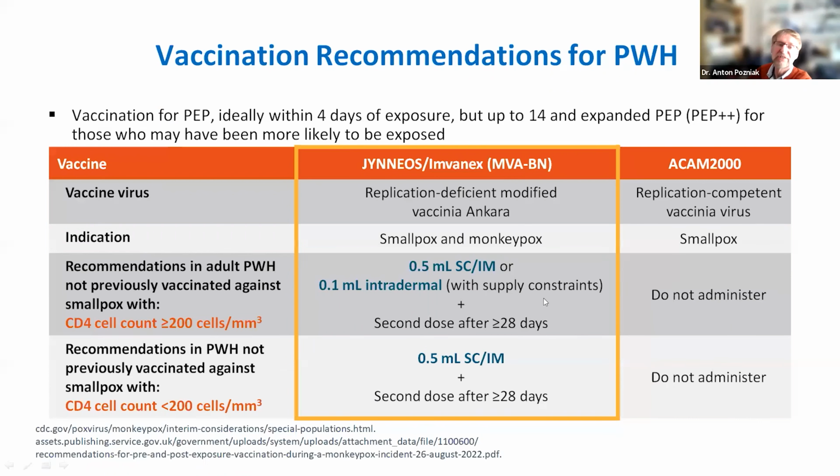And this is just summarizing for people with HIV. If you've been exposed, give the Jynneos. It's called Imvanex in Europe, that's why I put the name there. And 0.5 mL, or 0.1 mL intradermal, and a second dose after 28 days.